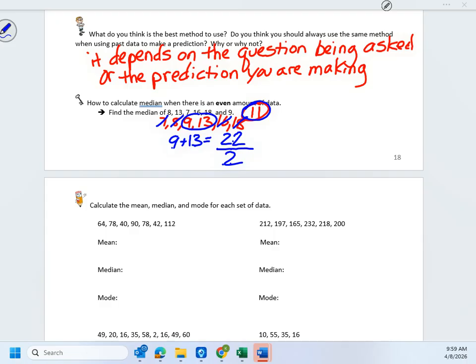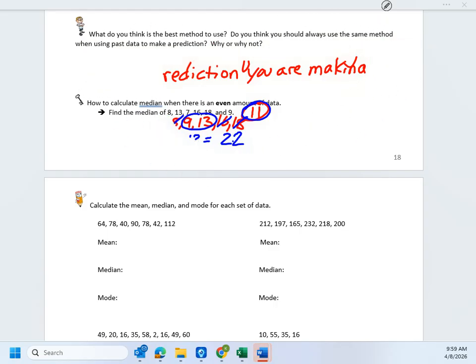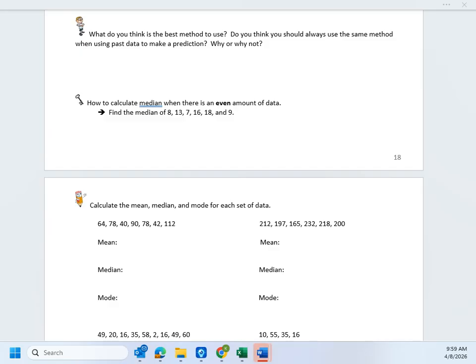Biggest mistake people make with the median, they forget to put them in order. So make sure you put them in order. Make sure if you have that even number that you work that out. Jude? So for the median, when you're crossing it out, if there's 3 numbers in the middle, would you divide it by 3? Why would we not be able to have 3 numbers in the middle, Jude?